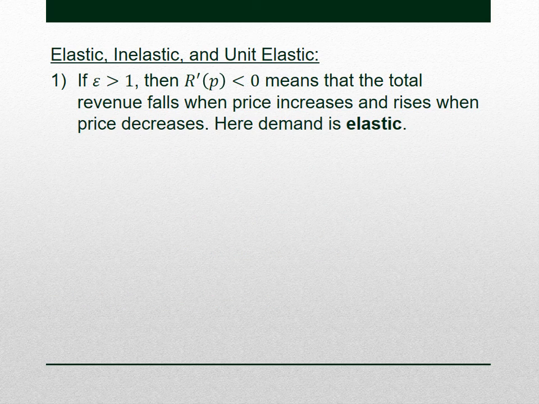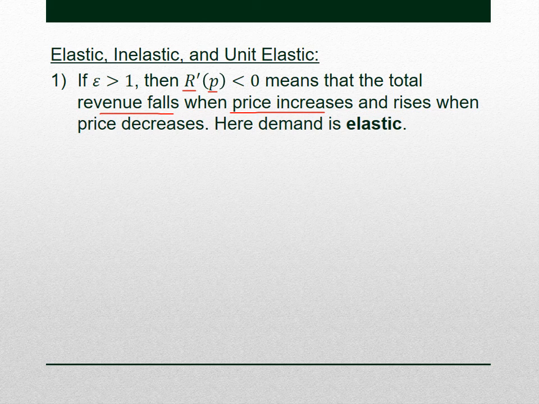So if epsilon is greater than 1, then the derivative of the revenue is less than 0. So the marginal revenue is less than 0. That means that when the price increases, the revenue is going to go down, right? The rate of change of the revenue, R, with respect to the price is negative. So when the price increases, the revenue is going to decrease.